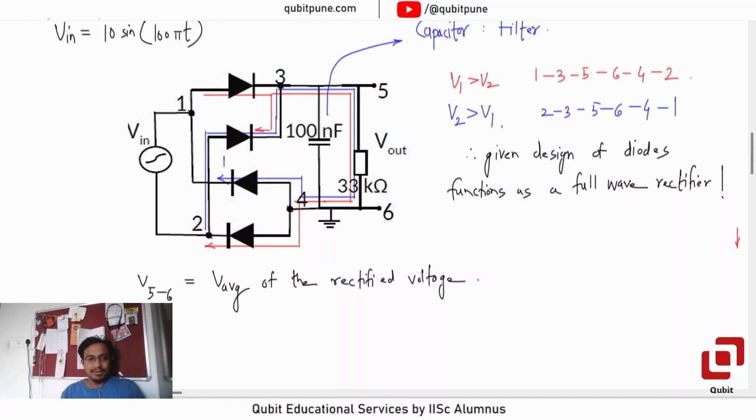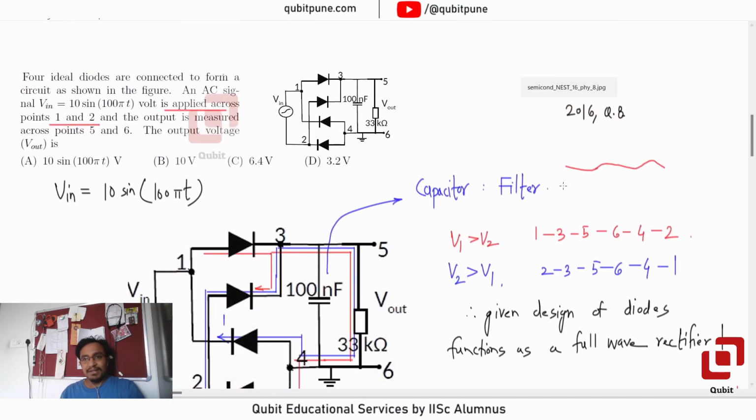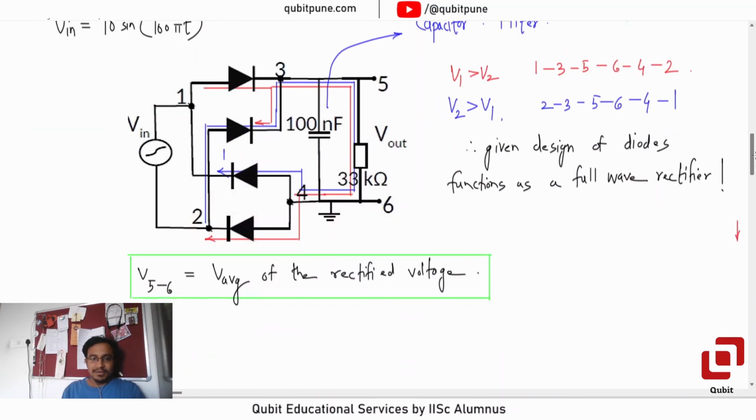You have to remember this to solve the problem, because I said earlier that the capacitor acts as a filter and filters out the variations, well, most of them. So this is the input to the capacitor filter. It filters out most of them, so we assume it to be a constant.